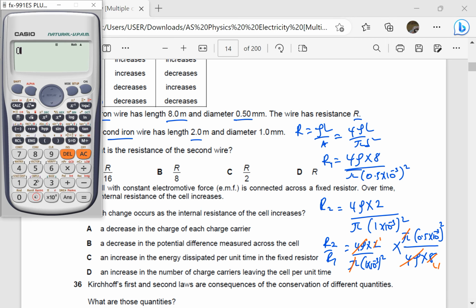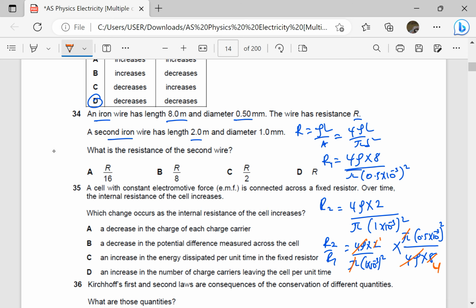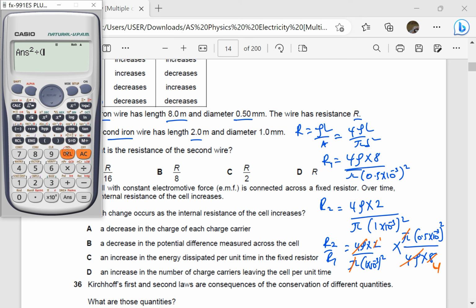So I have 0.5 exponent negative 3 squared, divided by 1 exponent negative 3 squared. Now in the denominator I have a 4 here, so I'll say divide by 4 into brackets 1 exponent negative 3 squared.